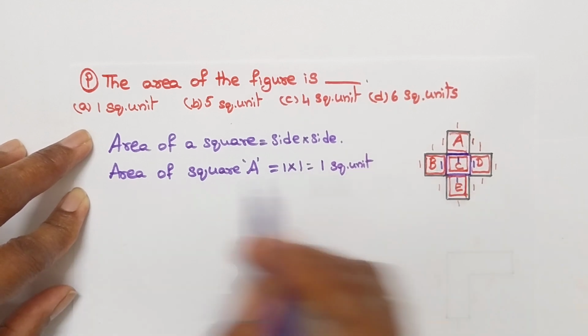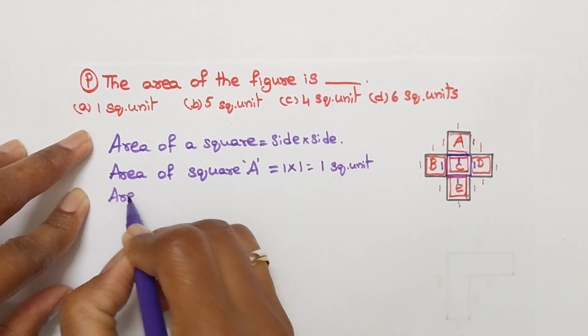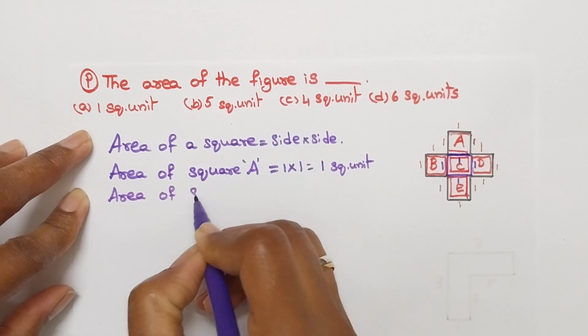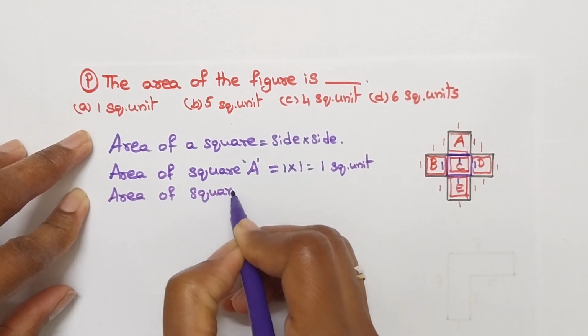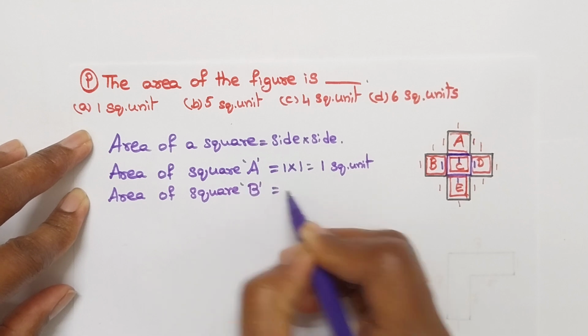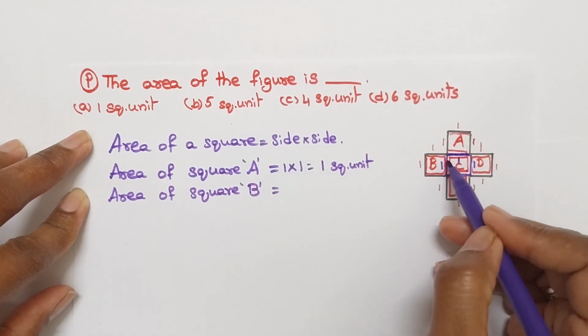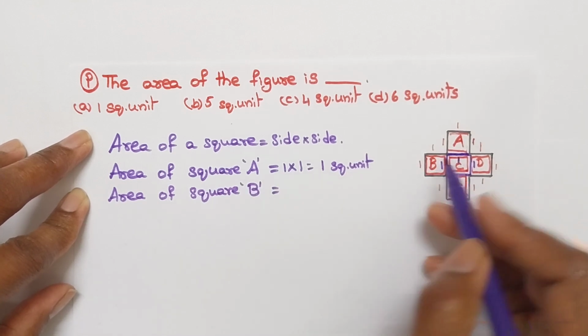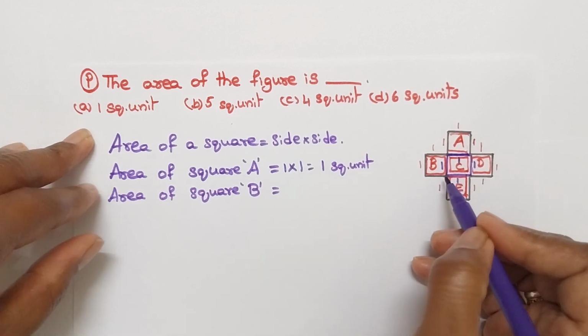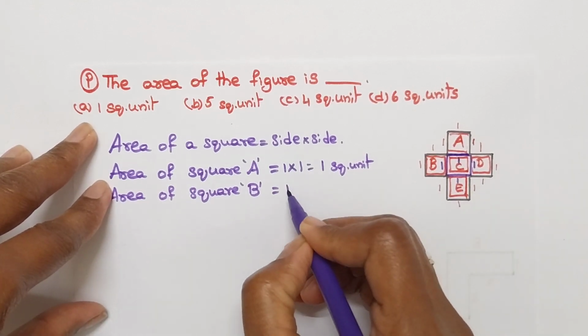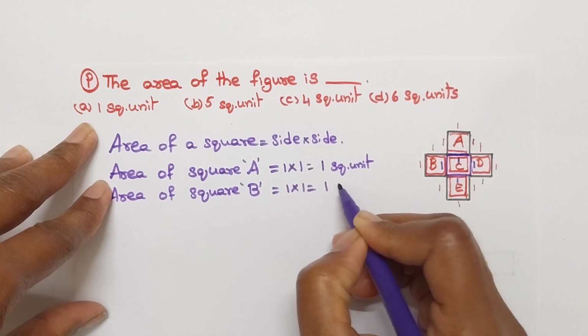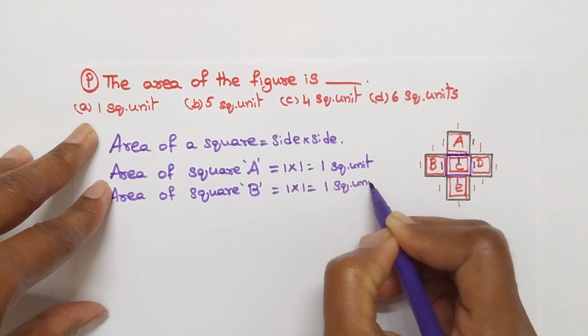Now I am doing the calculation of area of square B. This also has 4 equal sides, the length of the side is 1 unit. So 1 into 1, the same 1 square unit.